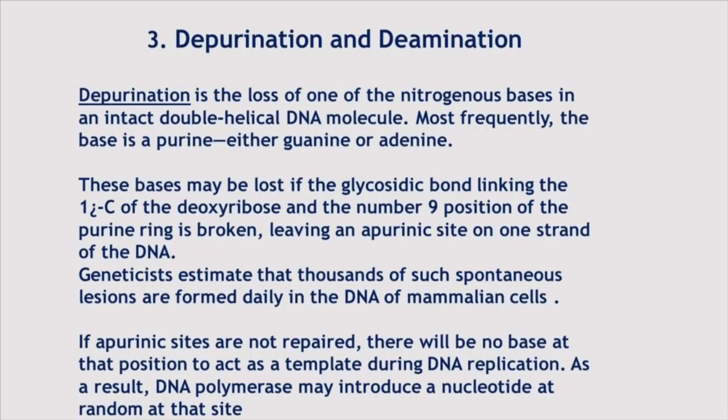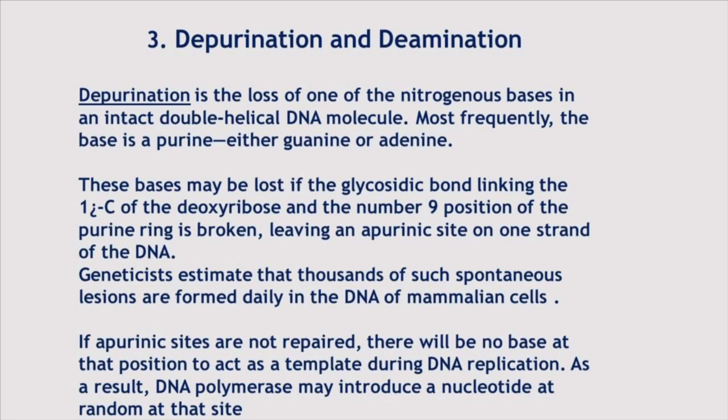So inside a cell, it normally happens that purines, which are bound by a glycosidic bond to the deoxyribose sugar at the number 9 position, the bond is broken and it releases the purine from there and it leaves a blank site. So when the site is blank, what happens? This is a space where any base can come and occupy.